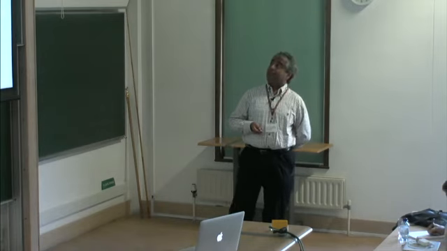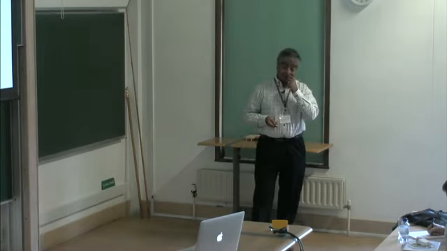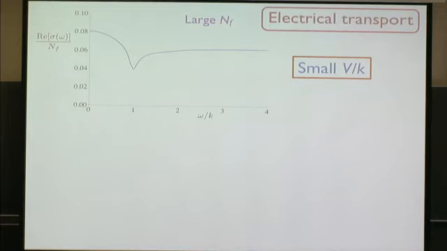All right, so then what about electrical transport? You go ahead and compute the electrical conductivity as a function of frequency at zero temperature, both for small and large V over K. For Dirac fermions, the answer before we put in any perturbation is 1/16 in appropriate units, and that's why these numbers are small. You put in a perturbation and you get a dip around V over K equals 1.